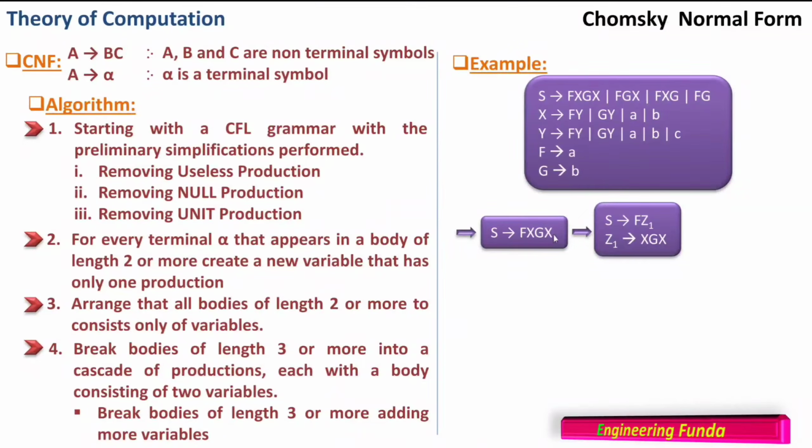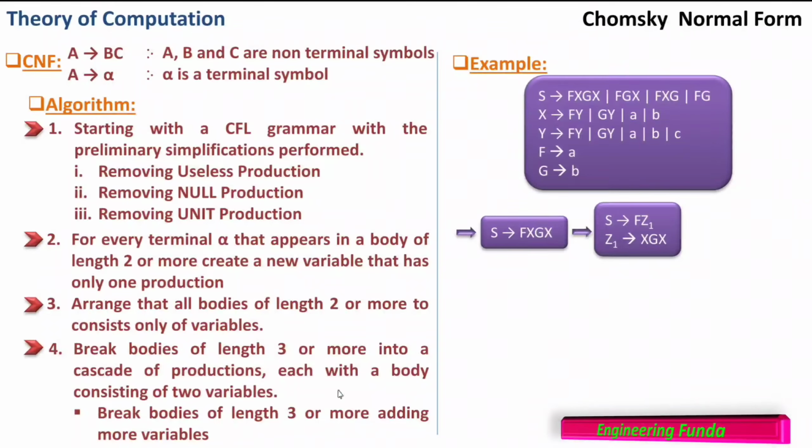Now this second part XGX is given a new name Z1, and this Z1 is used here. So my S tends to FXGX has now become S tends to FZ1, and this new variable Z1 has the production XGX.